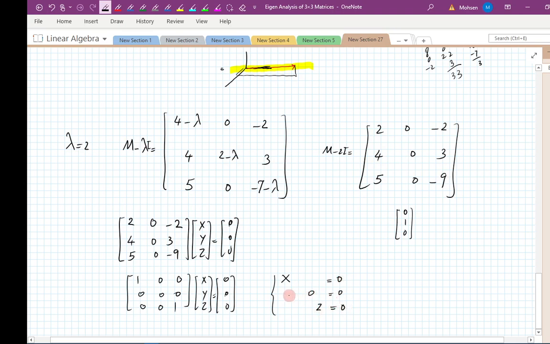The only choice left is for y. y can be any number and still that equation is valid. So my y is my free parameter. x is not free and neither is z.